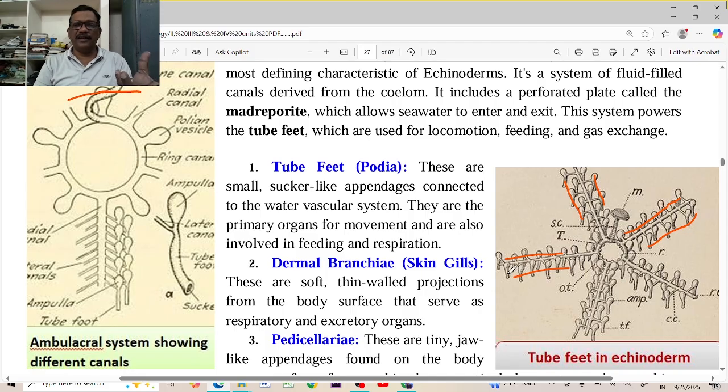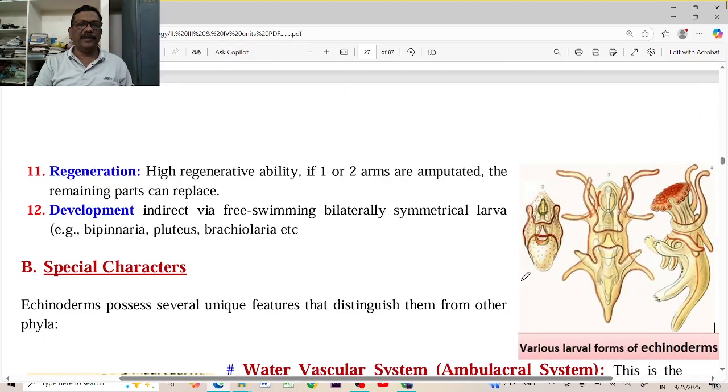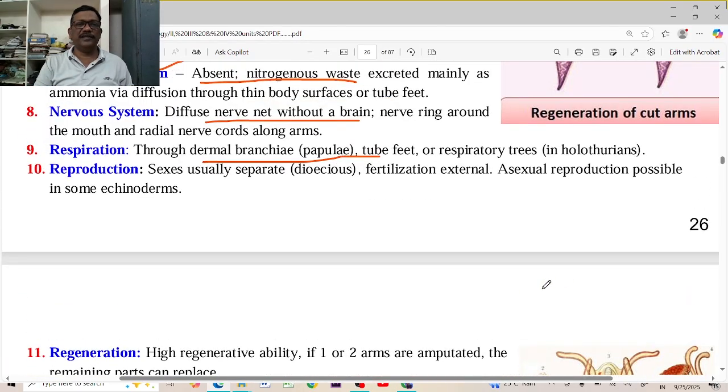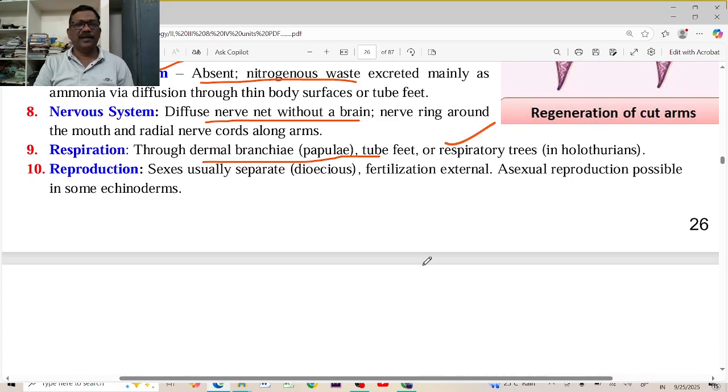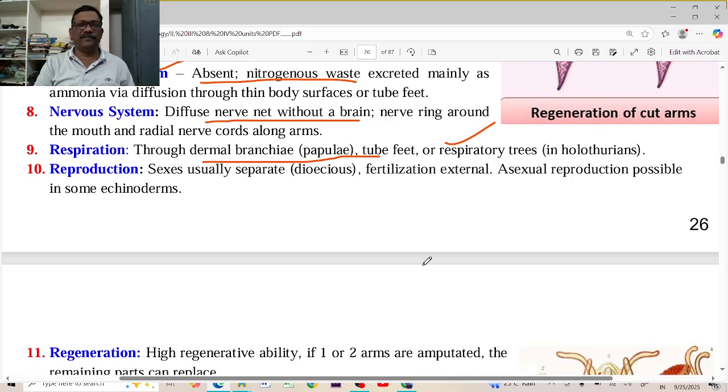The dissolved oxygen present in the water enters into the body according to the concentration gradient through these papillae or the tube feet. The tube feet are also used for capturing food material and for locomotion.